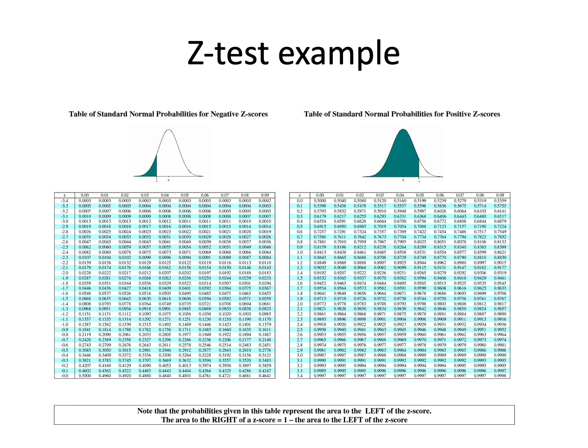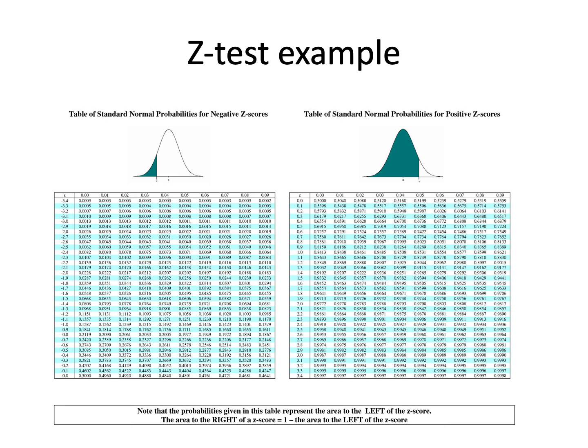As we can see here, we can get the z value from negative 3.4 to positive 3.4. The negative z value indicates the left tail, and the positive value indicates the right tail.